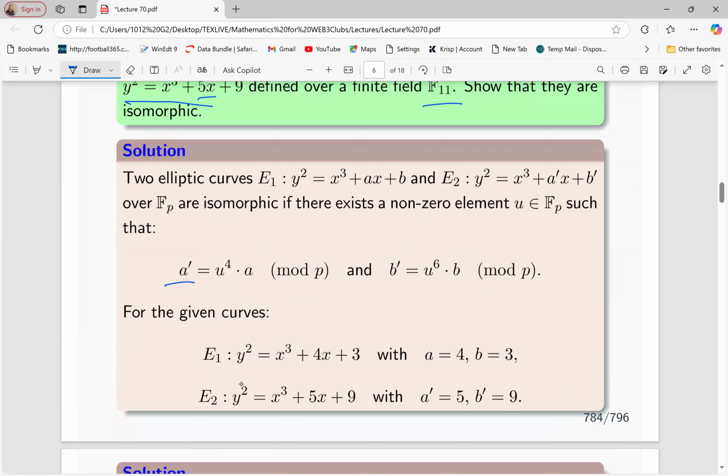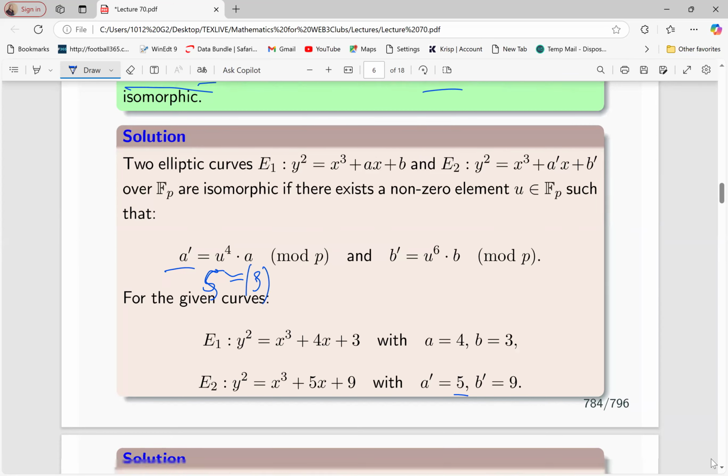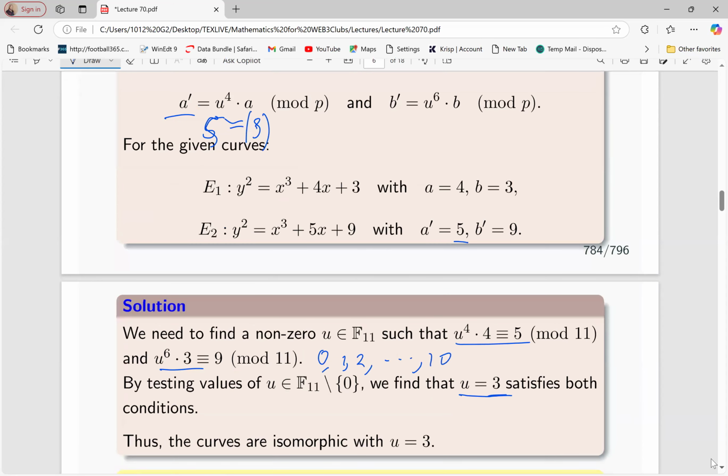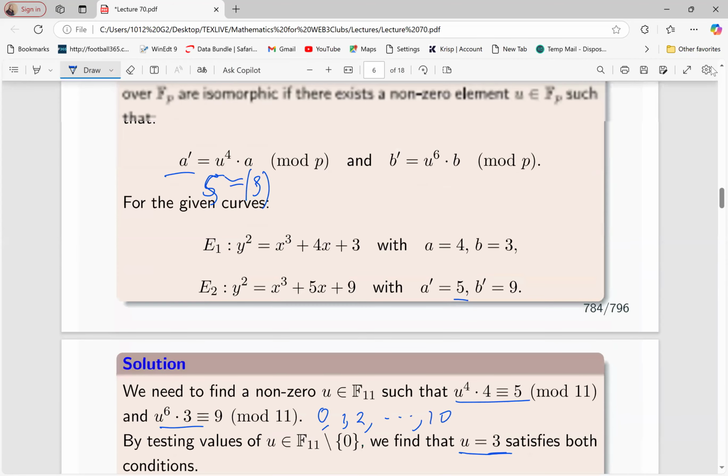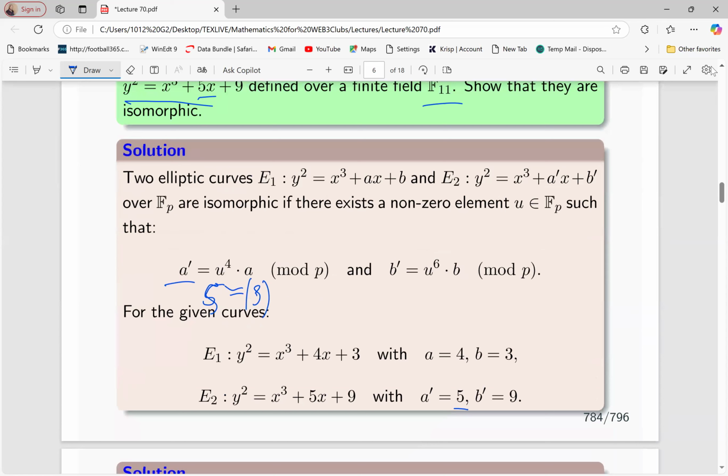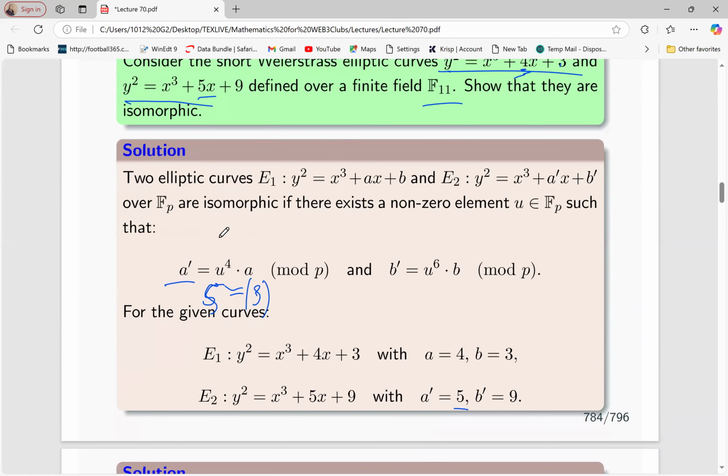Our a prime is 5, and then you have u is 3. I said yes, u is 3. If you test the other elements, you find that they will not satisfy. So it's only 3 that I found was satisfying these conditions.